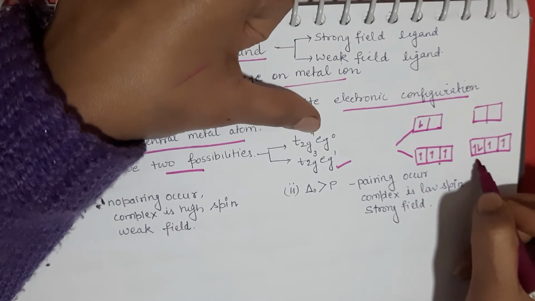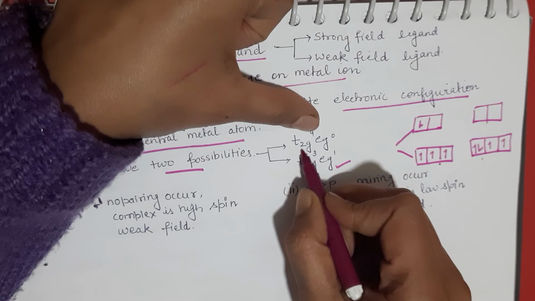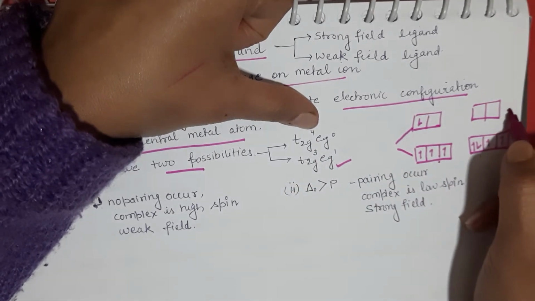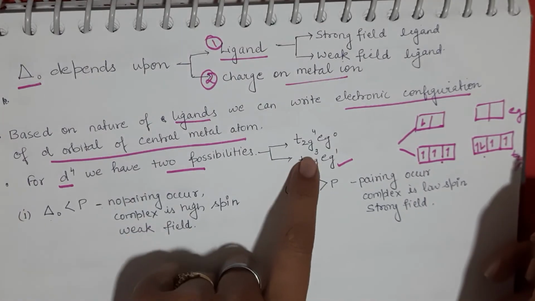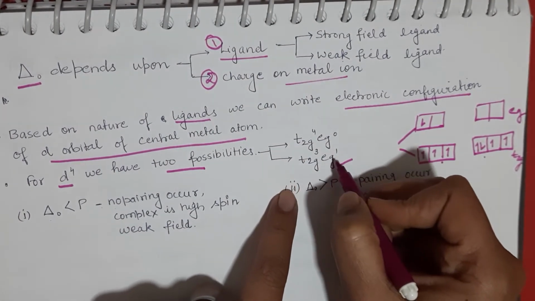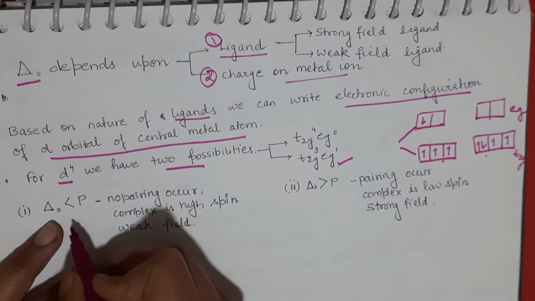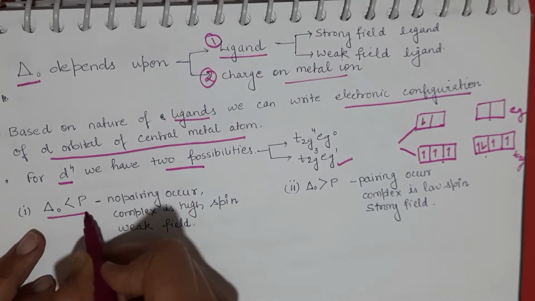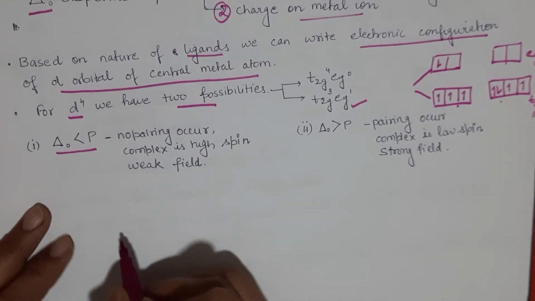So the electronic configuration of this case is T2G4 EG0. This is EG and this is T2G. In which condition are we going to attain these kinds of electronic configuration? Let's quickly recall that if we have this condition, delta naught is less than P.